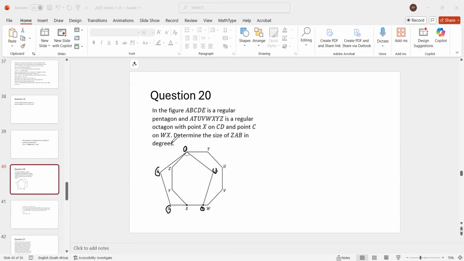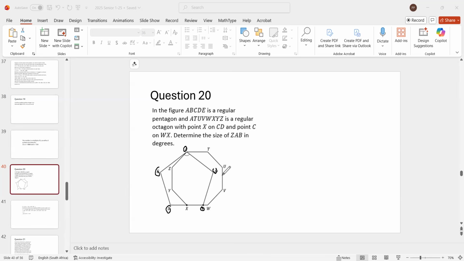So this is a regular octagon, starting from A, T. You can see it, A, T, comes down like that, like that, like that. From here, it goes up to this, like that, like that. So that's a regular octagon.